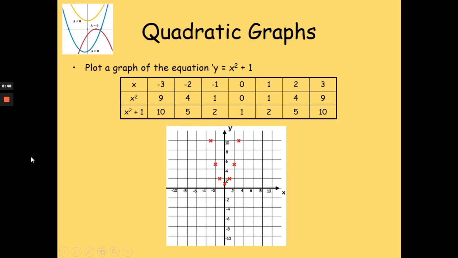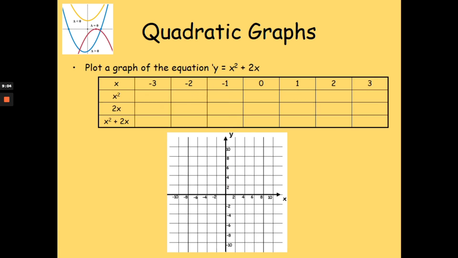And if you join all of these up, it makes a curved shape. So as I remember I said, all quadratic graphs have got a curve shape. We label the line, and now I want you to pause the screen and give this one a try, please.